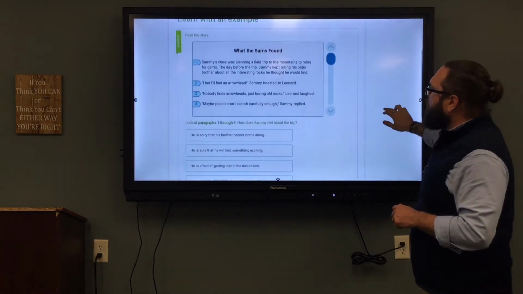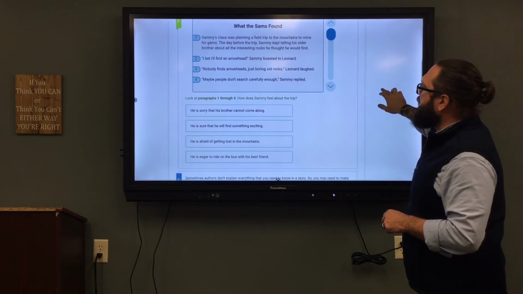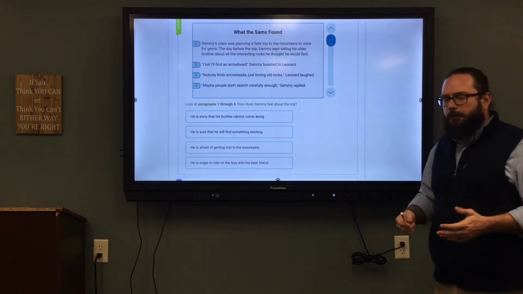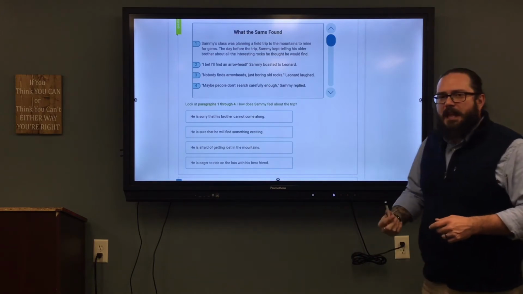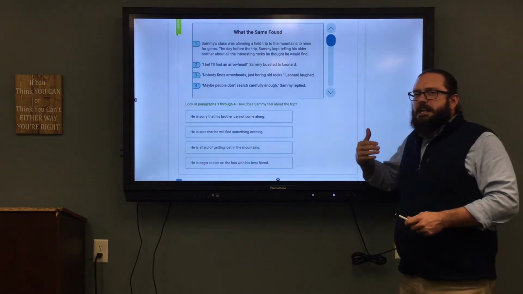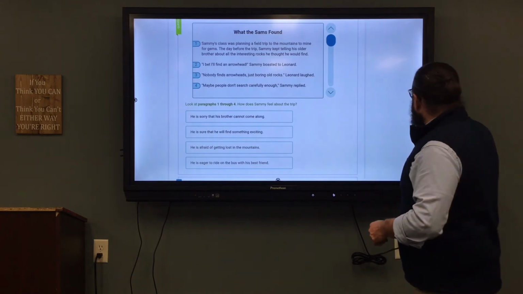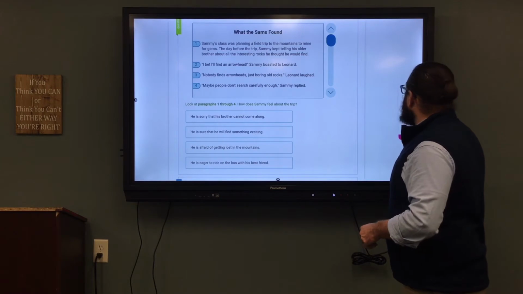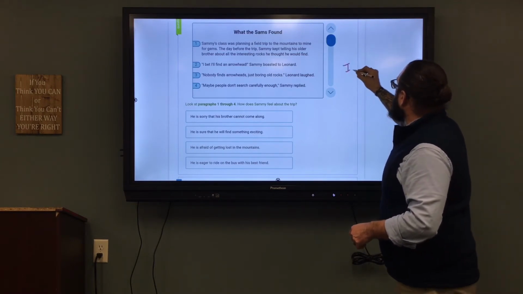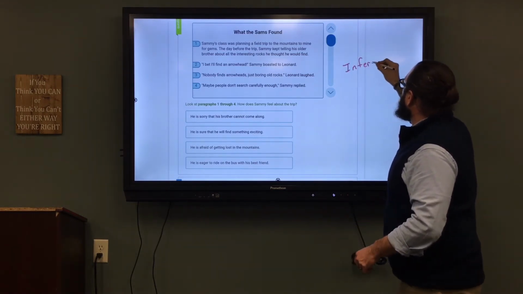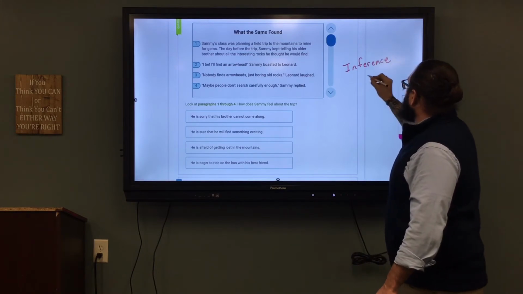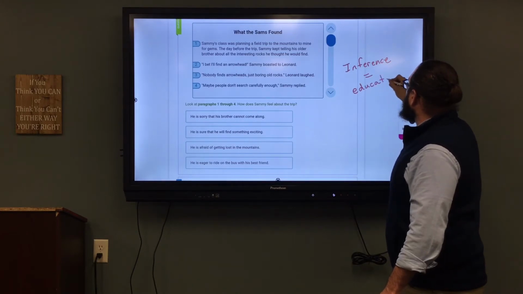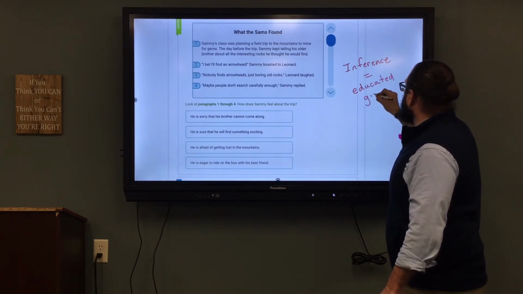So, based on what we just read, let's see if we can identify how Sammy feels about the trip. But before we do that, what we are being asked to do is to make an inference. We have talked about inferences before, but an inference is simply an educated guess.